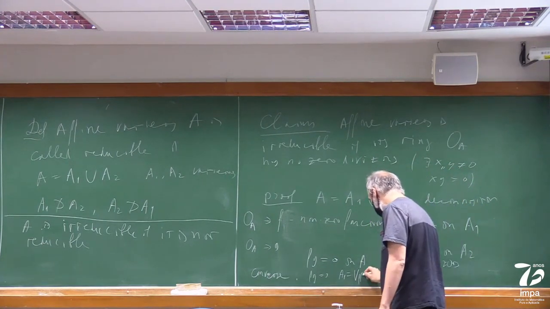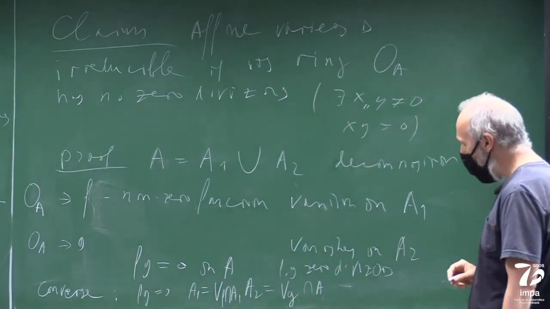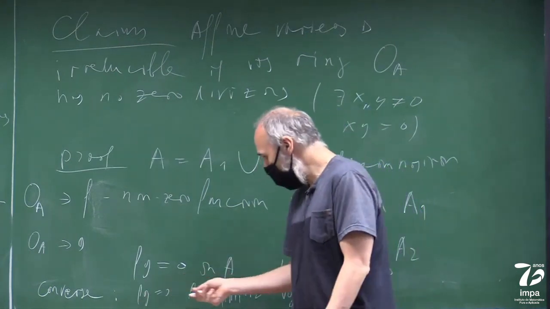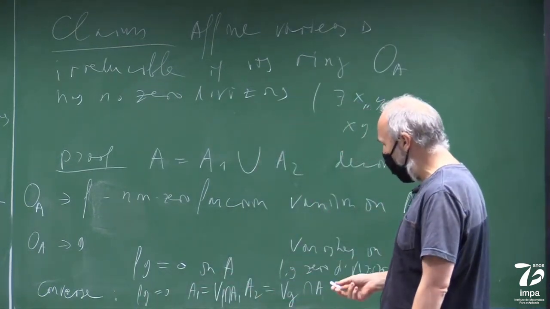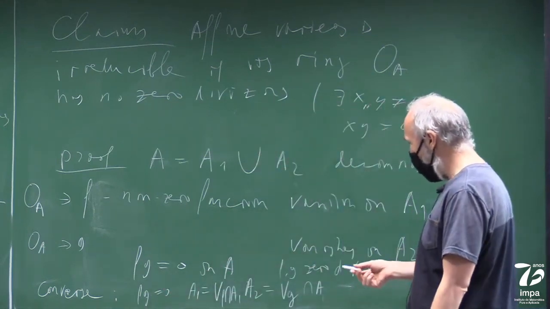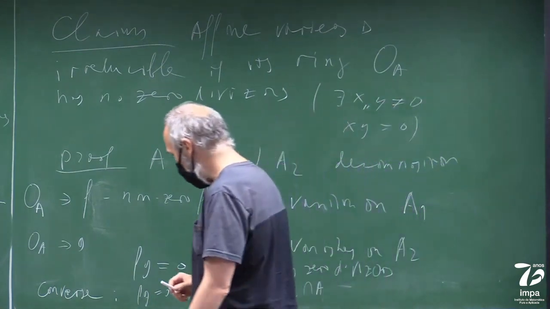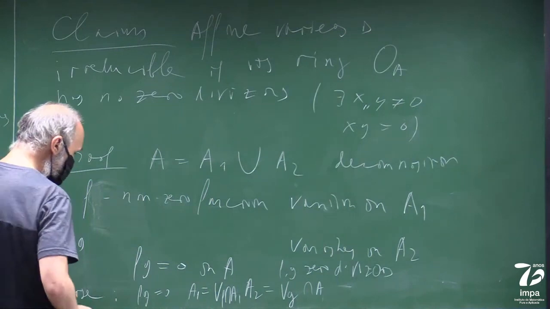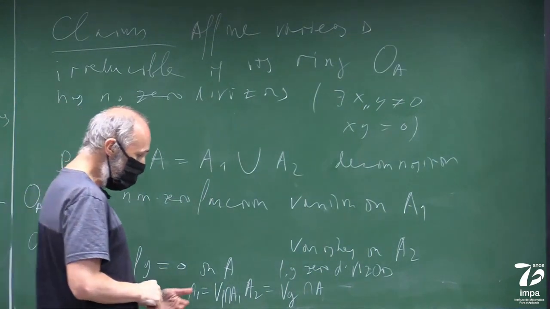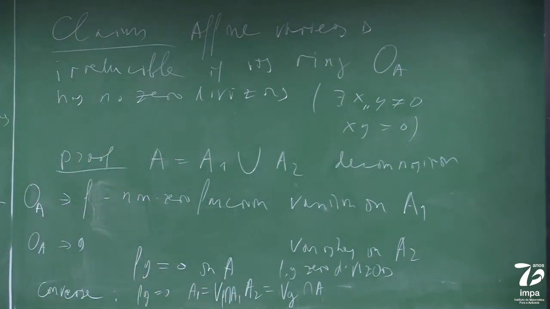So it's a zero set inside A. There are two sets, and their union is A because fg is equal to 0. For each point in A, either f or g is 0. And this means that the union of these two sets is the whole A. But since f is nonzero and g is nonzero, none of these sets is contained in the other. So they are two distinct sets.